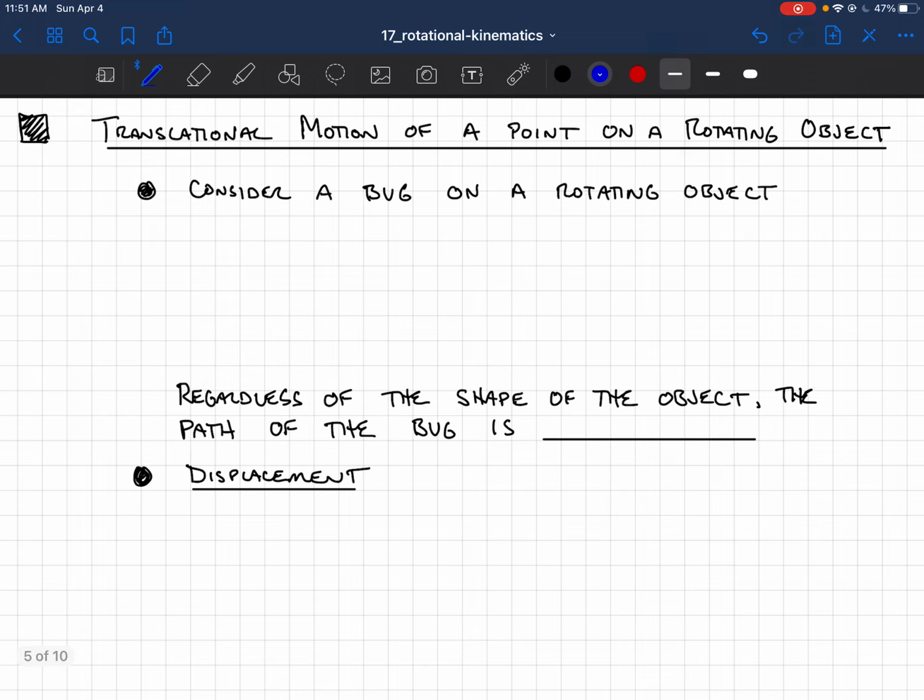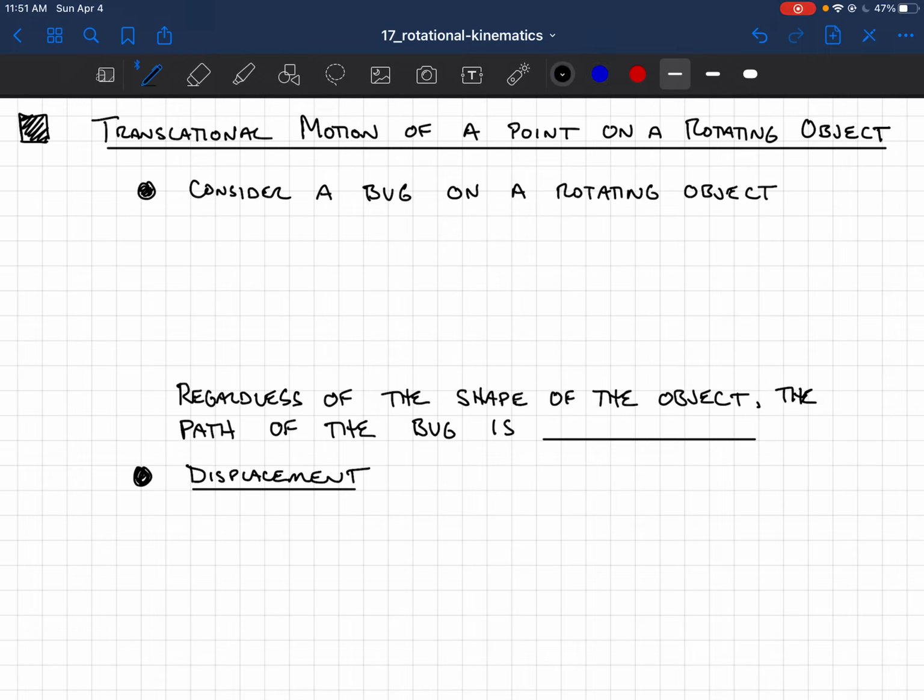Before we do that, we want to talk about something else, which is how to connect the translational motion of a point on a rotating object to the rotational motion of that object itself. So the idea here is to consider like a bug on a rotating object. And it doesn't really matter what the shape of the object is that's rotating. If it rotates about a single axis, then that bug's path will be the same.